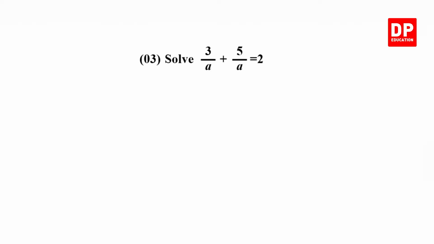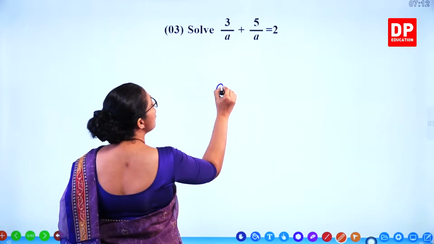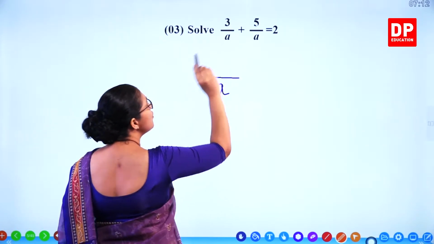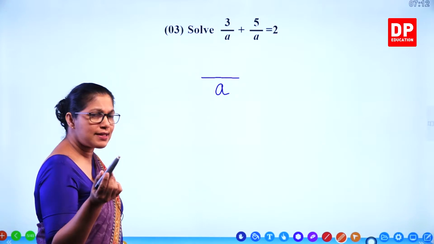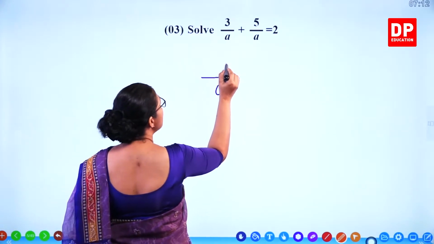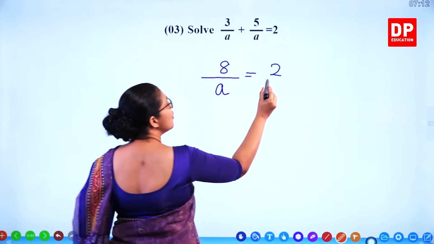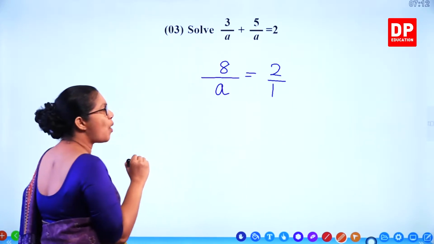Solve the algebraic equation. So the common denominator is the lowest common multiple. So what you can do to the numerator? You can just add it. 3 plus 5, you get 8. Now what you do? Think about this as just 1.